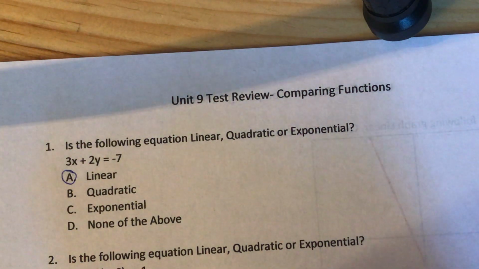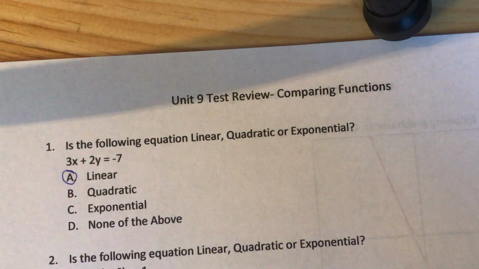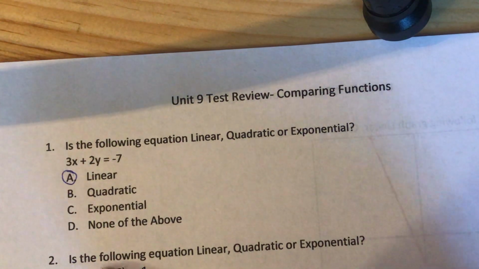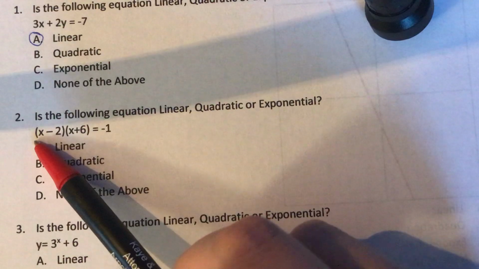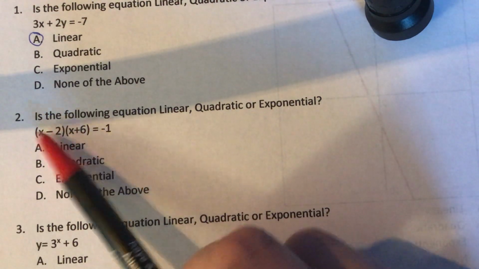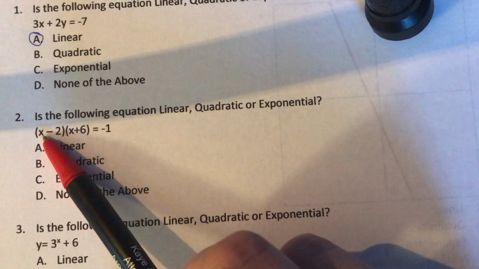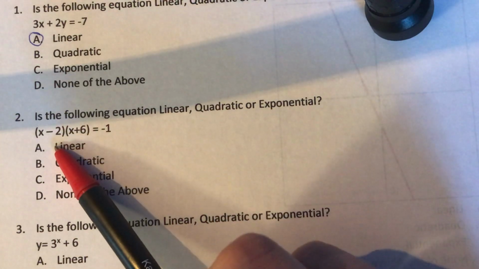So this one, the x is not squared and it's not in the powers place, but do we have more than one x? Let me start over. So this one right here, it's not in the powers place, and it's not squared. So we'd immediately think, okay, is this linear?